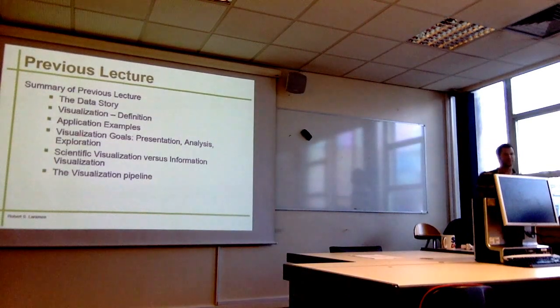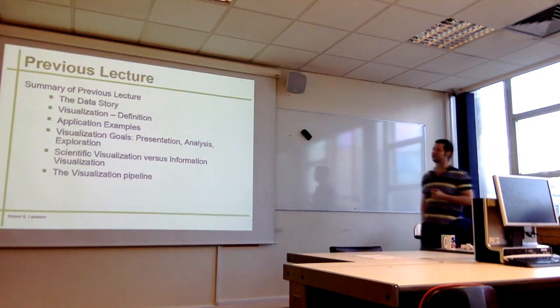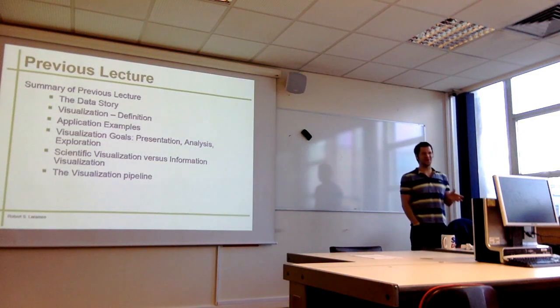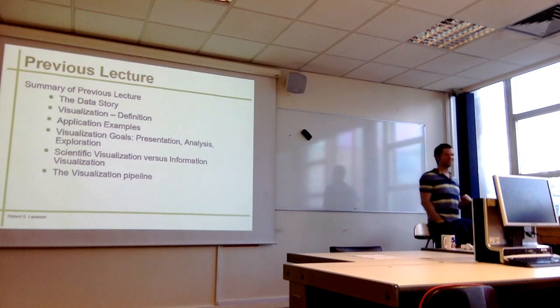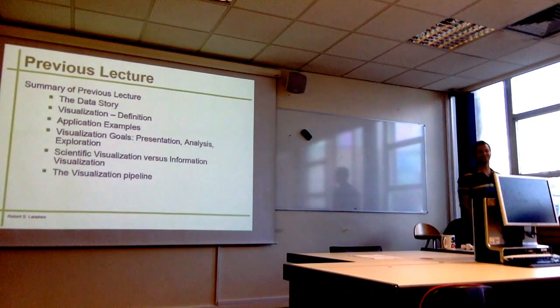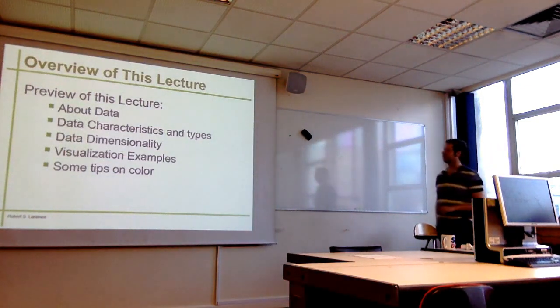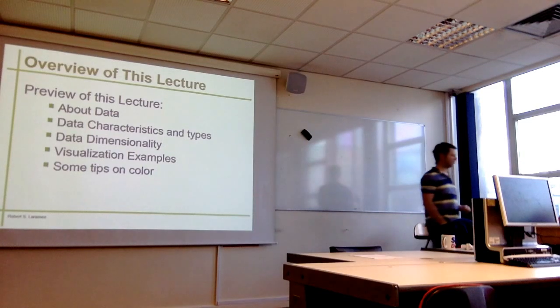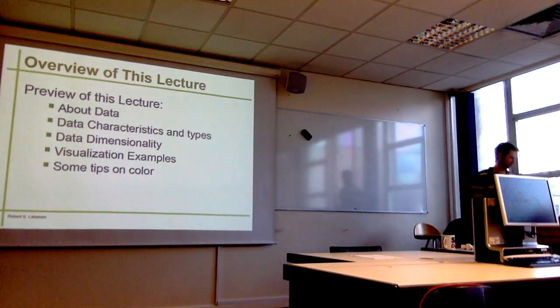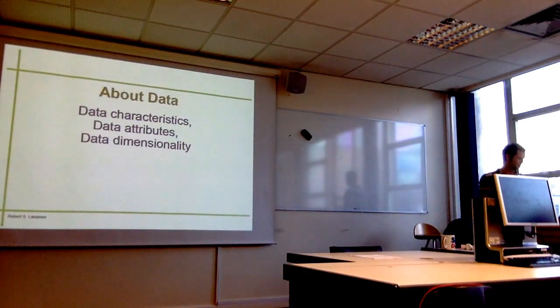We discussed information visualization versus scientific visualization, and we discussed the visualization pipeline. Just in case you forgot from the last lecture what we talked about. We're going to talk about data in this lecture, and we're going to mention a little bit about color.